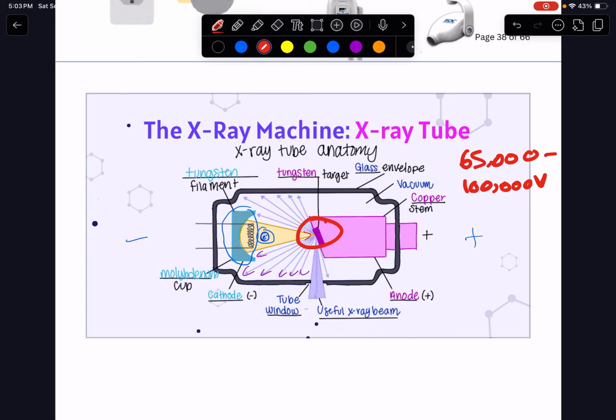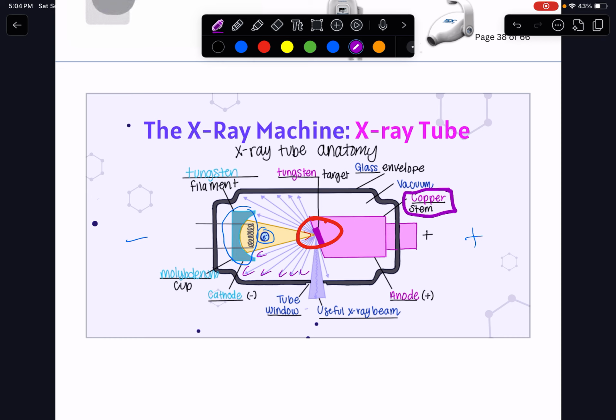Step 6, it says because of this high voltage, there's gonna be a lot of heat. So that's where the copper comes in. What the copper does is it carries the heat away. That's all it does.